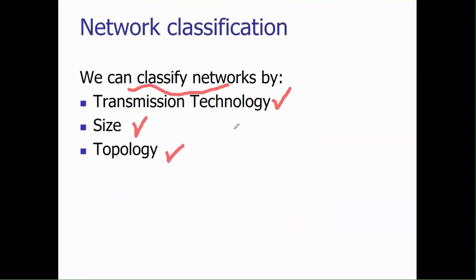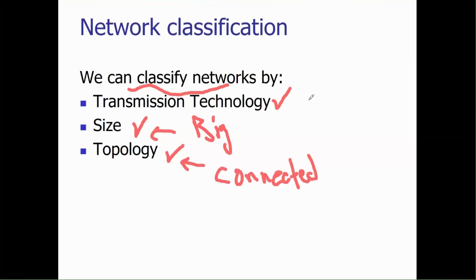Number 2 is how big my network is, so we classify them as small, medium, large, extra large. And number 3, topology, is how I am connecting them, the connectivity. So let's start with number 1.